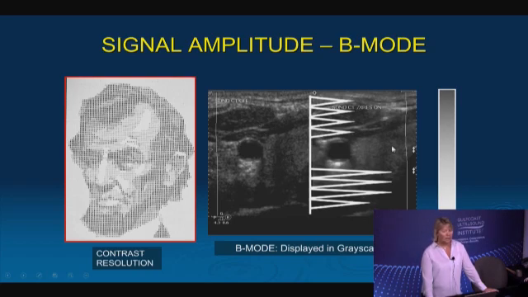So 3 different structures, 3 different echo appearances based upon the density and stiffness of the structure, the way that it's comprised. So when the sound wave interacts with this, this is muscle here, this is sternocleidomastoid muscle. Muscle kind of has a marbling appearance to it, kind of like a piece of steak.